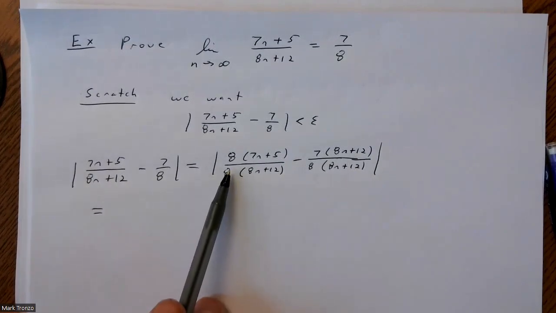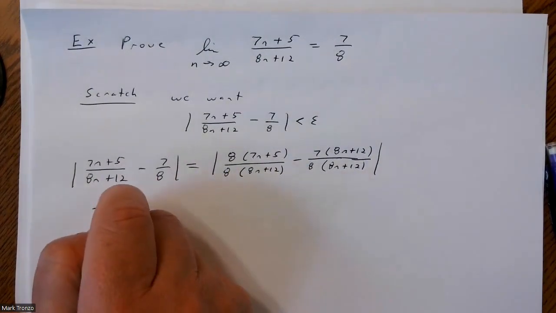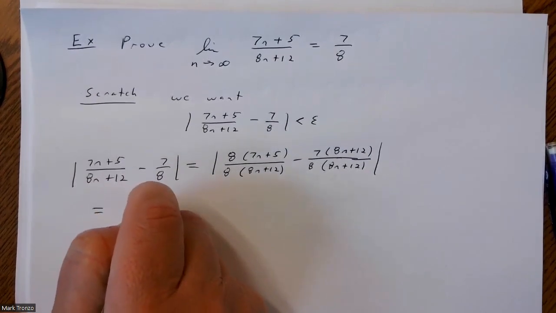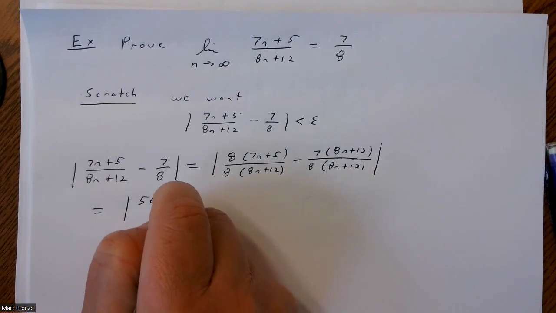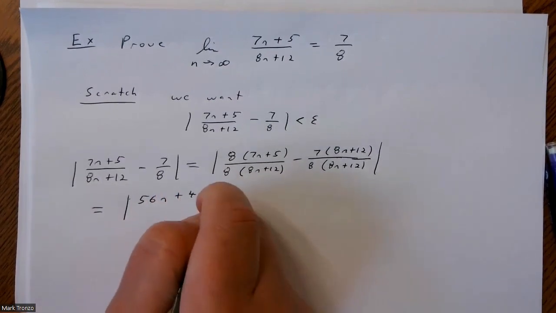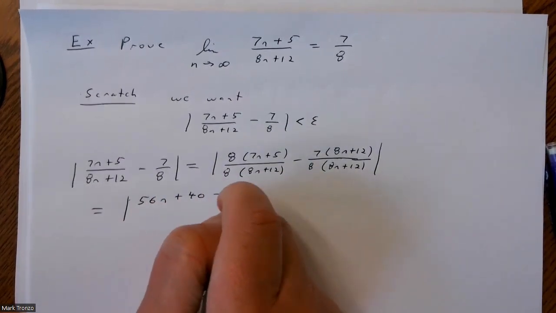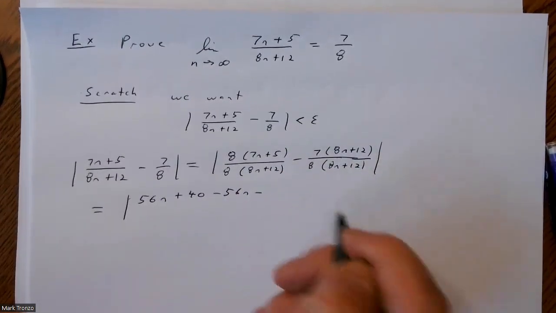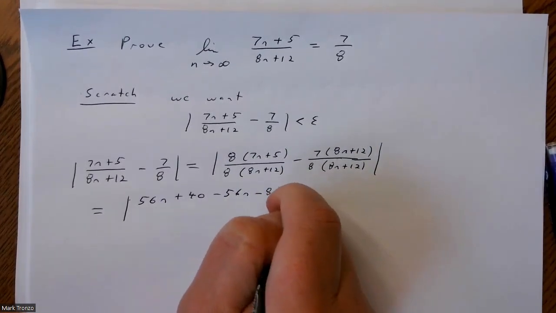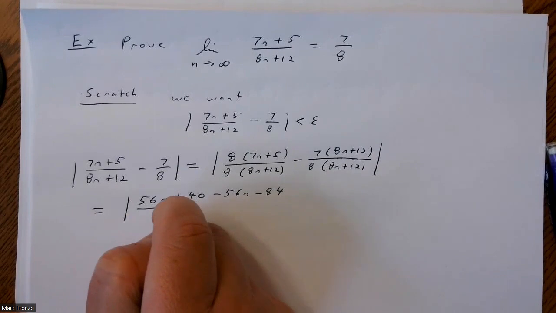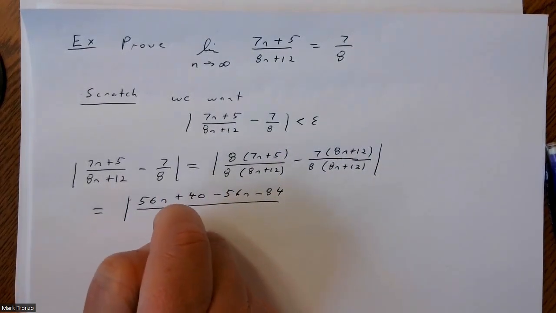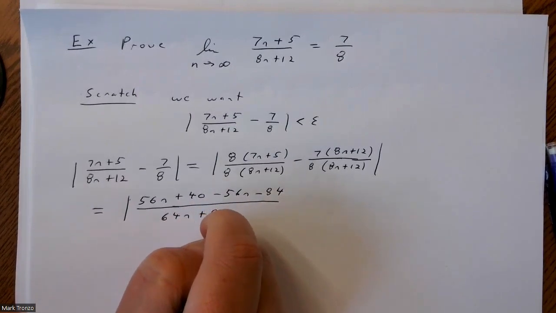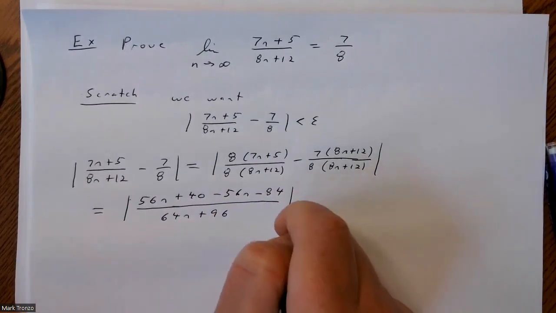This is going to be 56n plus 40 minus 56n minus 84. In the denominator, we're going to have 64n plus 96.